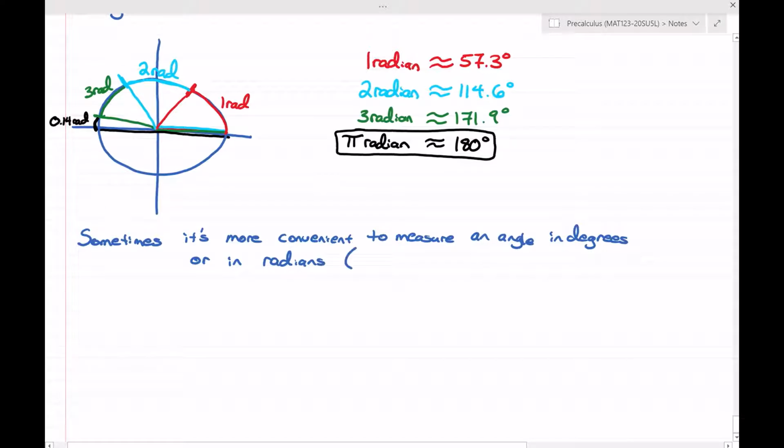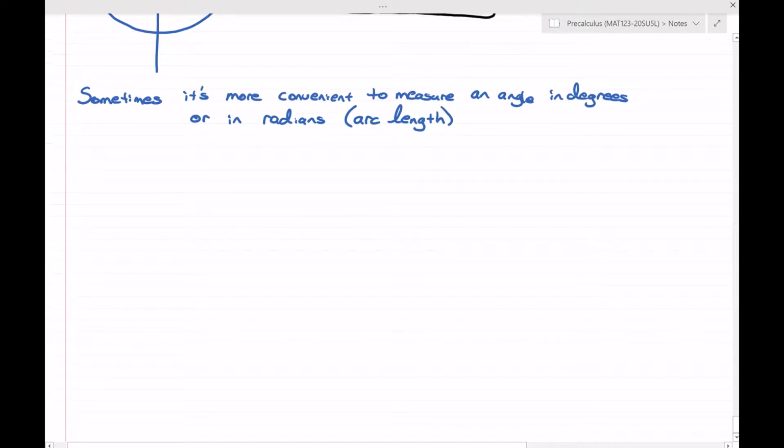One thing that's easier to do in radians is arc length, the length of an arc. And we'll be talking about that a little bit later today, or in this section. So we should know how to convert.